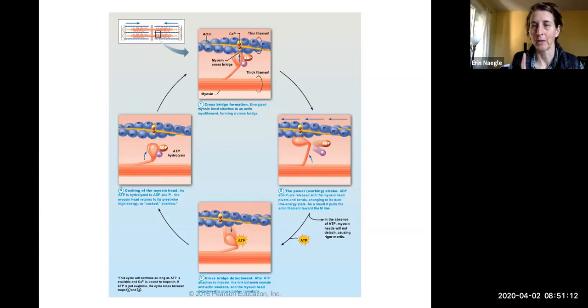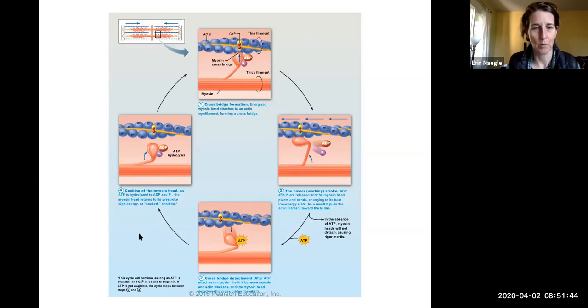Now, here's where rigor mortis comes in. After somebody dies, their body goes into this stiff state that can last, depends, 8 to 18 hours is what I've read. And why? Well, once you're dead, you can no longer make any ATP, and without ATP, these myosin heads stay bound to the actin, and so all of those muscles stay contracted instead of relaxed.